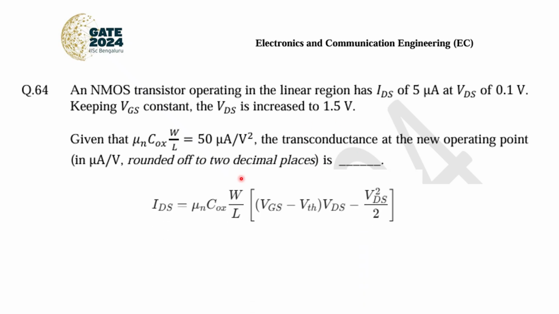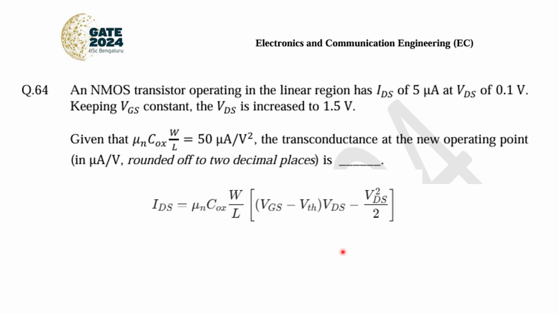First of all, if it is in the linear region, then what will be the current equation? Here we can use this equation: IDS is equal to μCox W/L times (VGS minus VTH) into VDS minus VDS squared by 2.